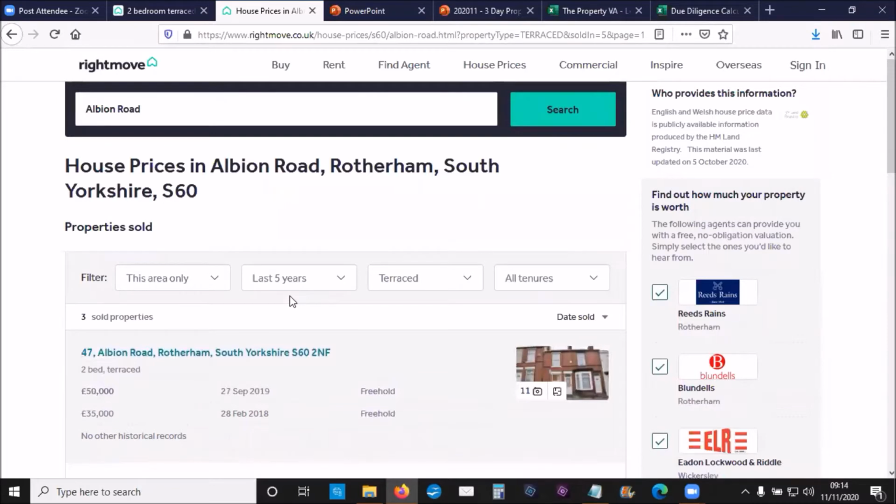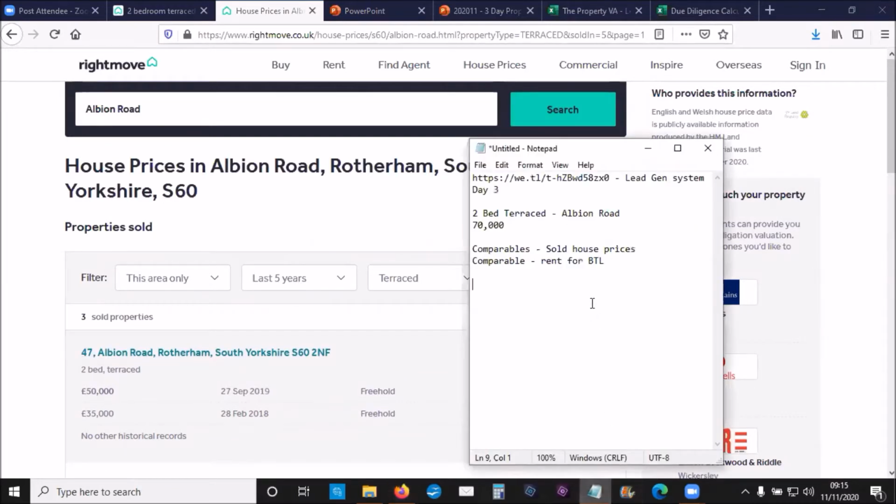And in the meantime, it's asking for 70,000. Okay. So actually, I'm going to say that the comparables for this one is £50,000.